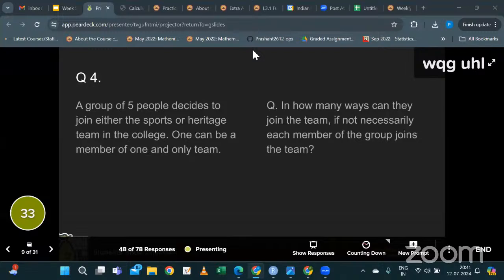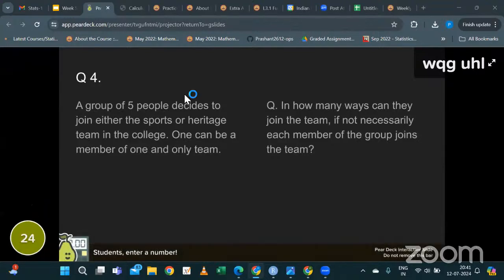So the question is, for every person, they can decide whether they want to be in a sports team or heritage team, right? The thing is that they can be in only one team. It's not like, suppose there is a person A, he will be a member of the sports team as well as the heritage team. That's not the case.